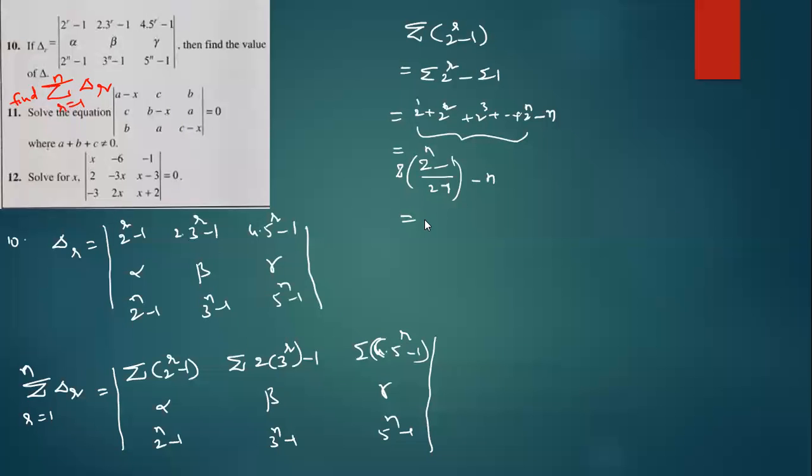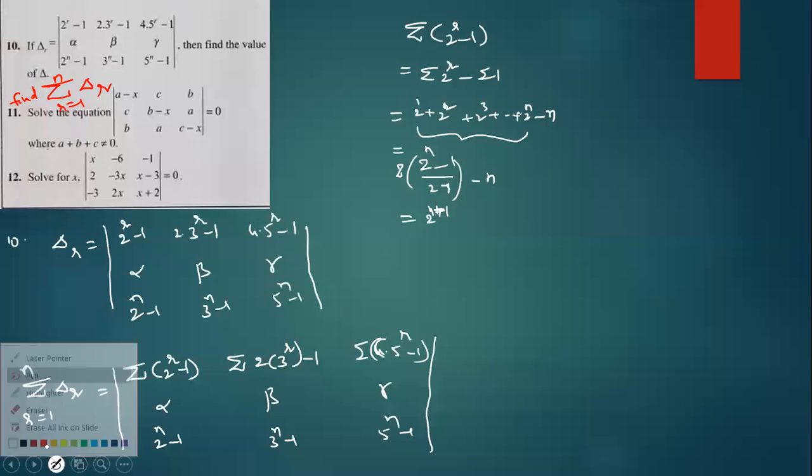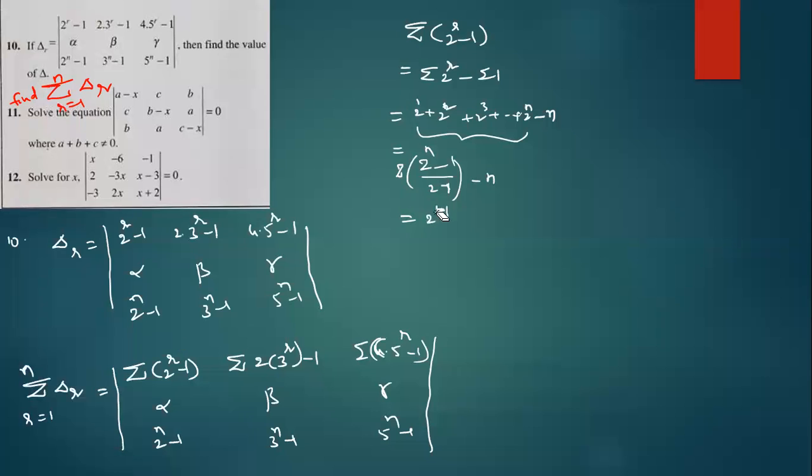What is the answer coming? 2 into 2 power n plus 1. 2 power 2 into 2 power n minus 1 minus n.